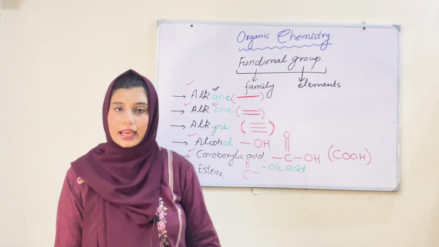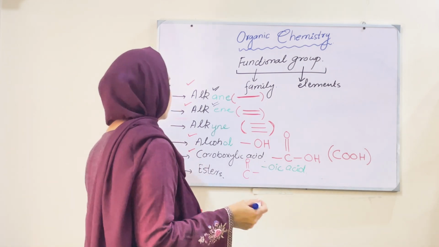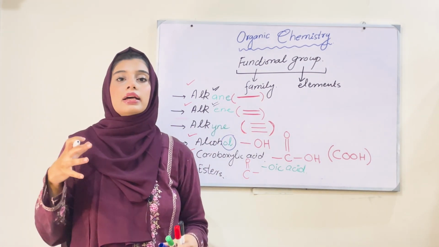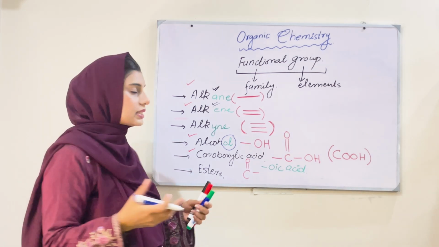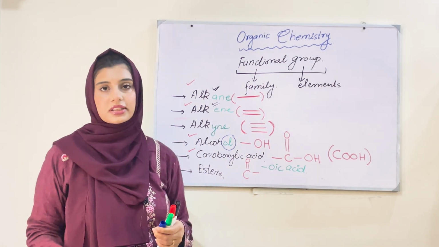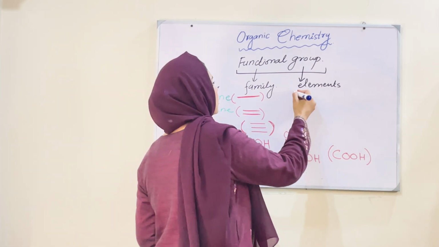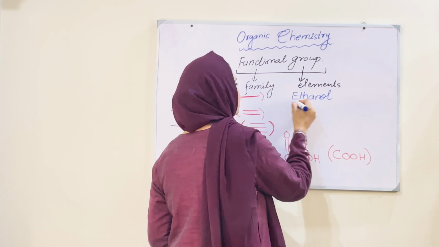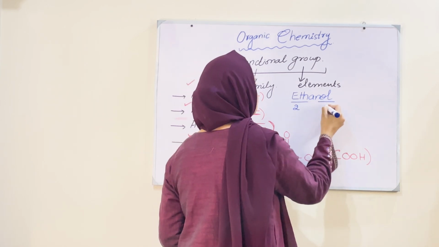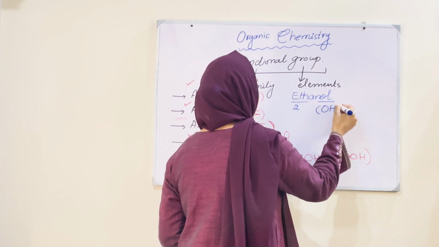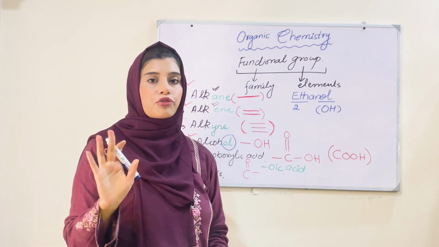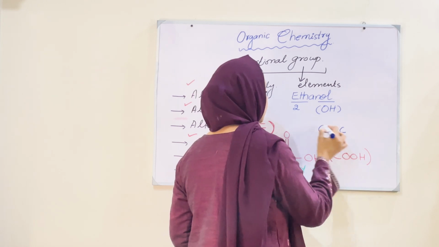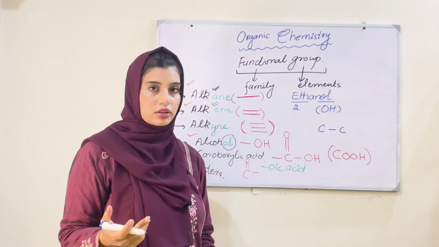Next is alcohol. Alcohol will have the suffix ol. Whenever the word ol comes, that means this particular thing is alcohol. Now, ethanol. Eth means 2, ol means it must have an OH, and each carbon can form 4 bonds. Again, C and C are making a single bond with each other.